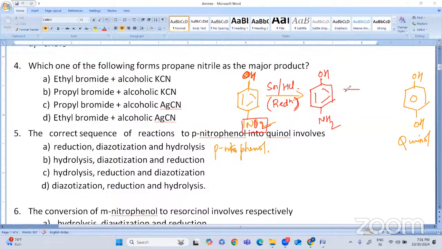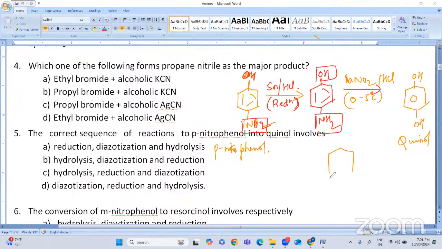Now, second step. This will be same. I have to convert this into OH. So what can I do here? I can do diazotization. When you treat with sodium nitrite in the presence of HCl at 0 to 5 degrees Celsius, I'm going to get a diazotized product.